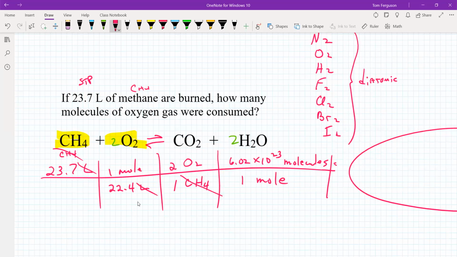So CH4 cancels, moles cancel. We're left with molecules of oxygen. And don't forget to use your EE function.